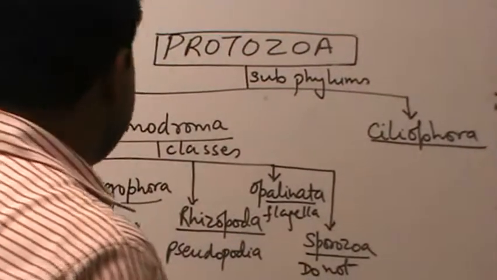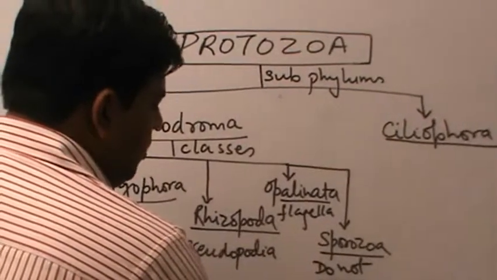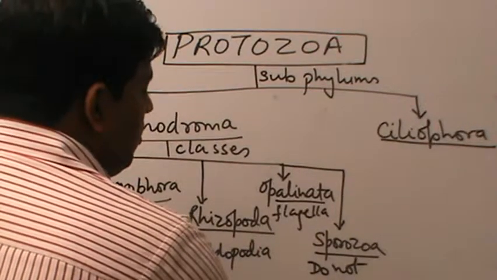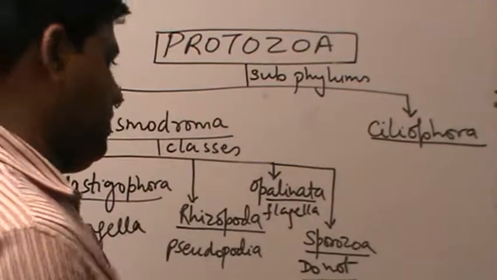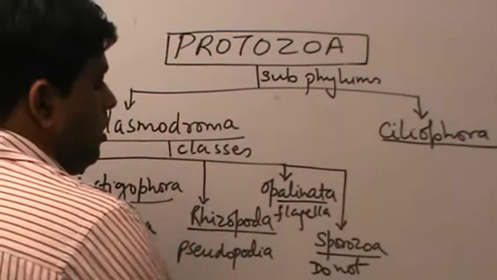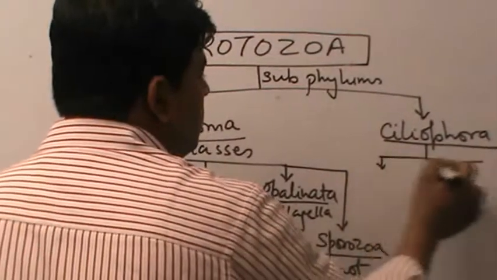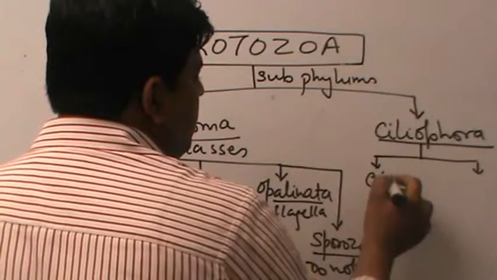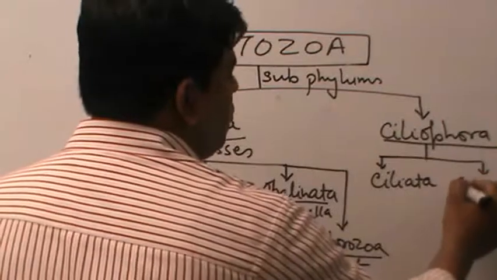And these classes of Plasmodroma are basically endoparasites. Okay. Then we have Celiophora. The classes are Ciliata and Suctoria.